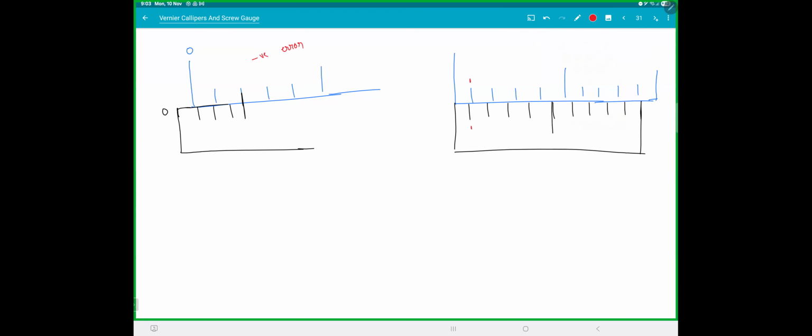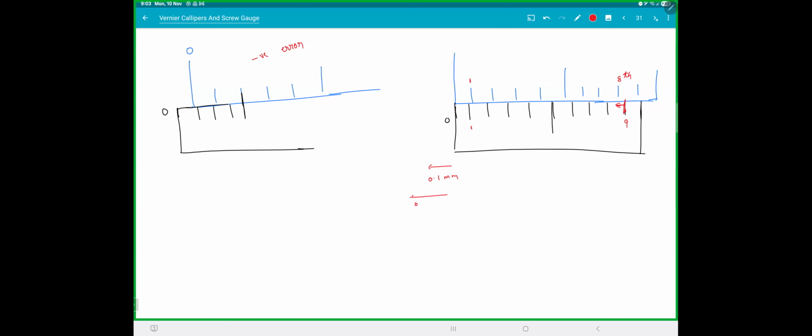Now tell me one thing. You want that 0 to go back, isn't it? If I move this back by 0.1 mm, which division will match? Will the first division match? Then the first will come back more. Who will match? The 8th division here and the 9th here will match now. If you pull it backward, the 9th division of vernier and the 8th division of main scale will match.